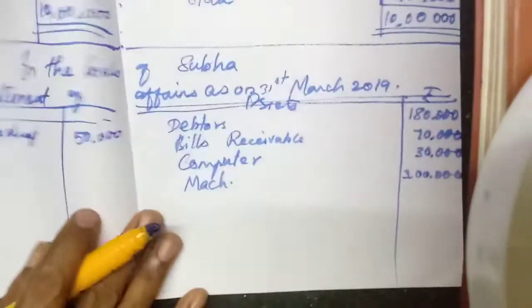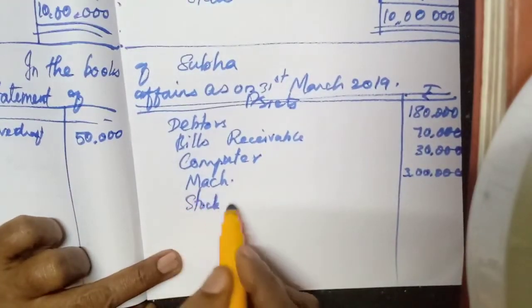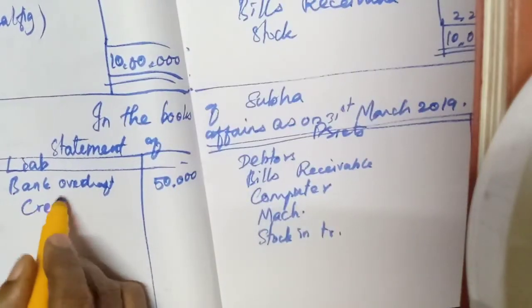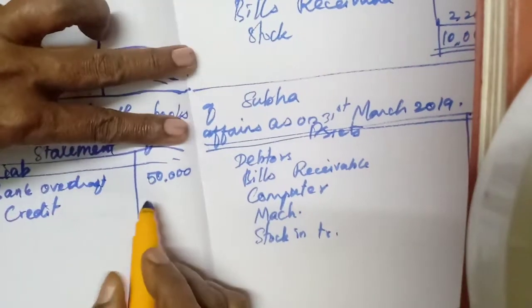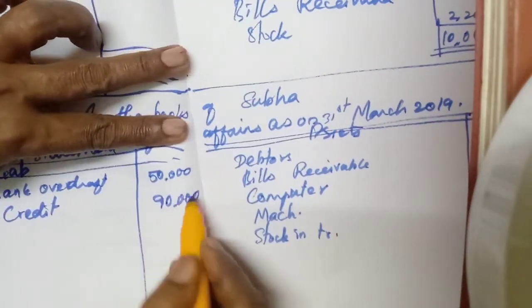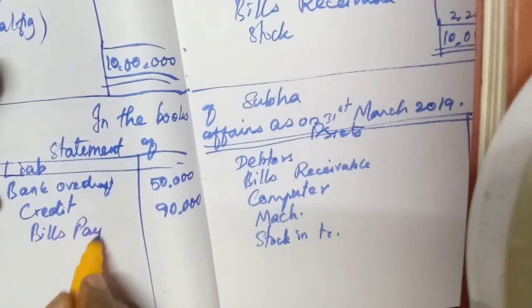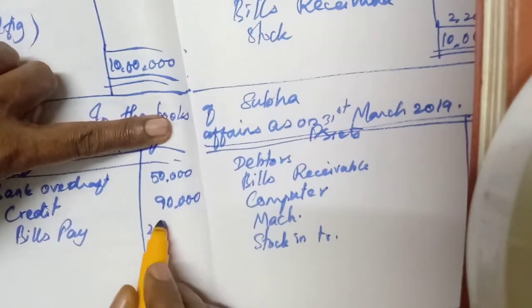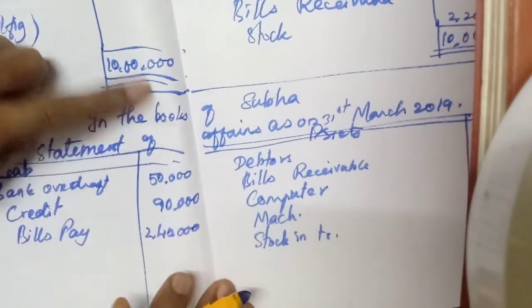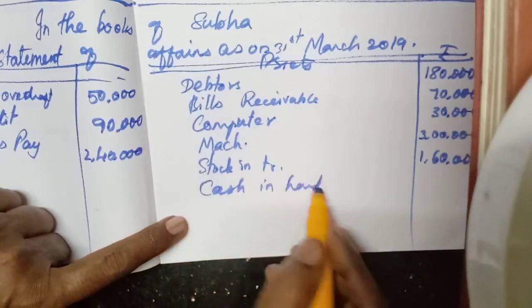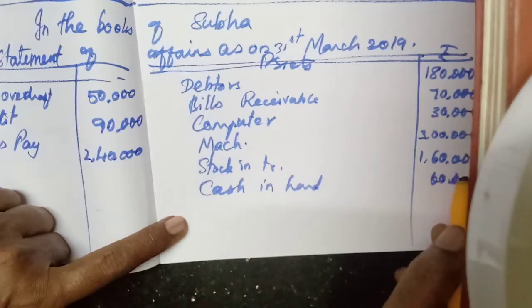Stock in trade 1,60,000. Creditors, it is a liability. So creditors 90,000. Then bills payable 2,40,000. Cash in hand, asset, 60,000. That's all, isn't it?